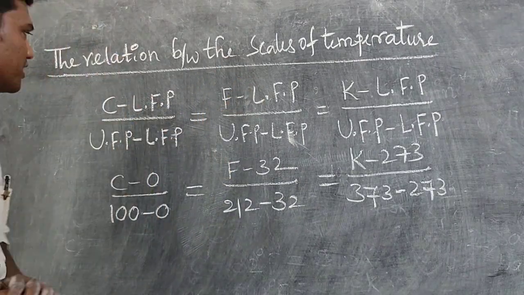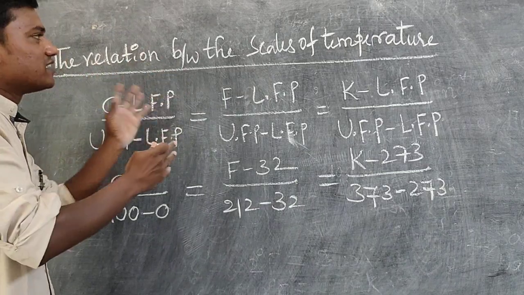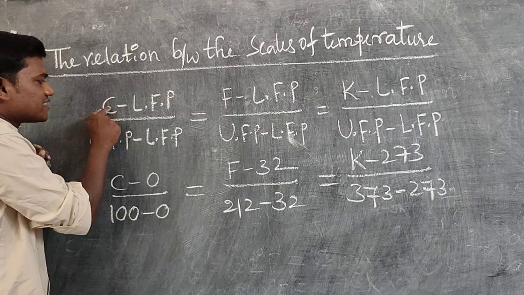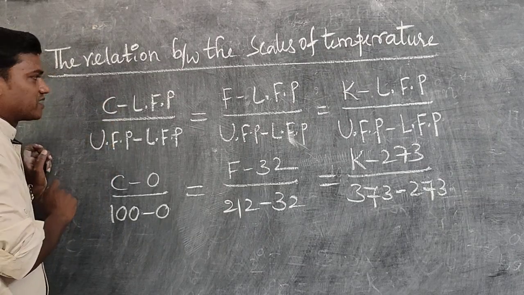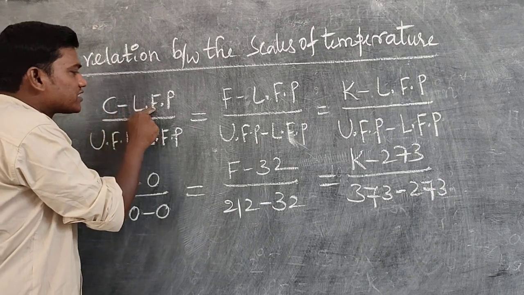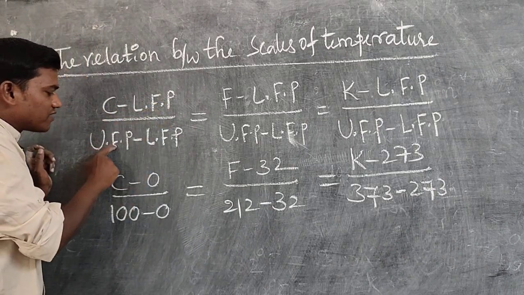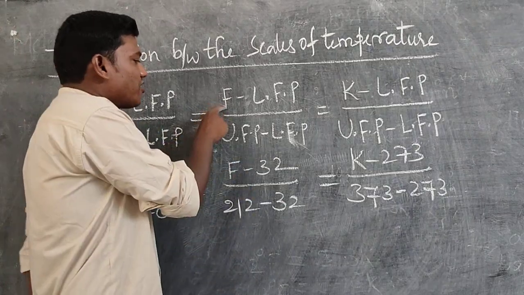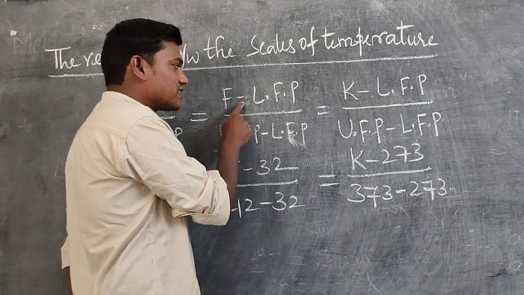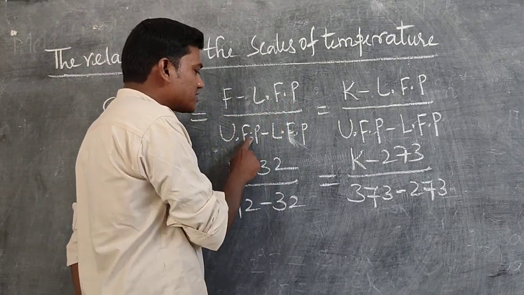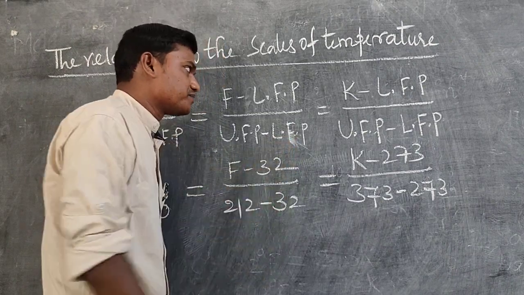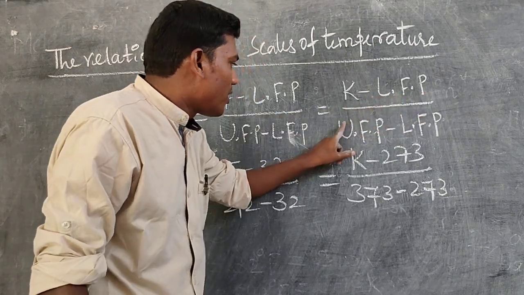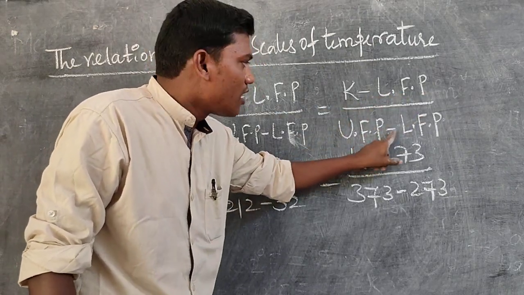So listen very carefully here. How can we derive the relation between the scales of temperature? We know that the Celsius scale reading, C minus lower fixed point upon upper fixed point minus lower fixed point, is equal to F, the Fahrenheit scale reading, minus lower fixed point upon upper fixed point minus lower fixed point, which is equal to Kelvin minus lower fixed point upon upper fixed point minus lower fixed point.